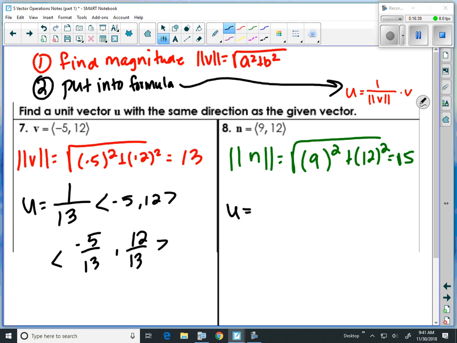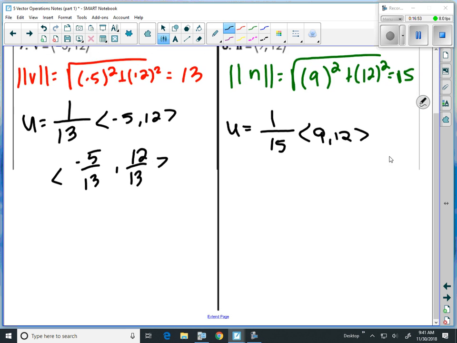We're going to put it into our formula. Okay, and then we distribute. Now from here, it's a good answer, but it's not the best answer.